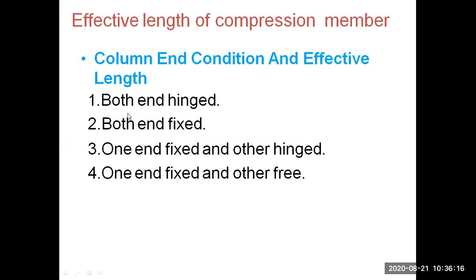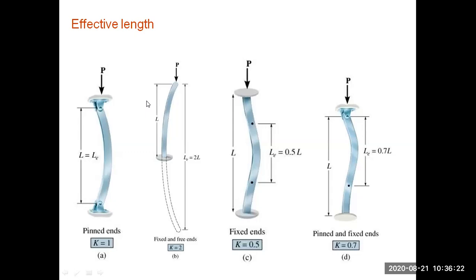Okay, they have given the first condition, that is both ends hinged. So for both ends hinged, the condition here is effective length. You can see this image. First, small a, pinned end.